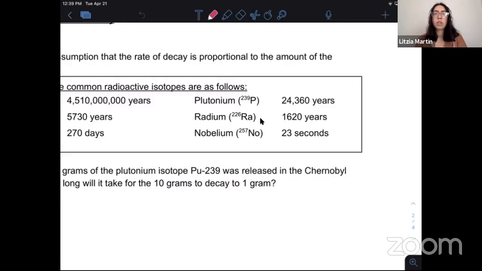Let's say maybe you started with 6 grams of nobelium instead. 23 seconds later, you'll only have 3 grams because the half-life is 23 seconds.